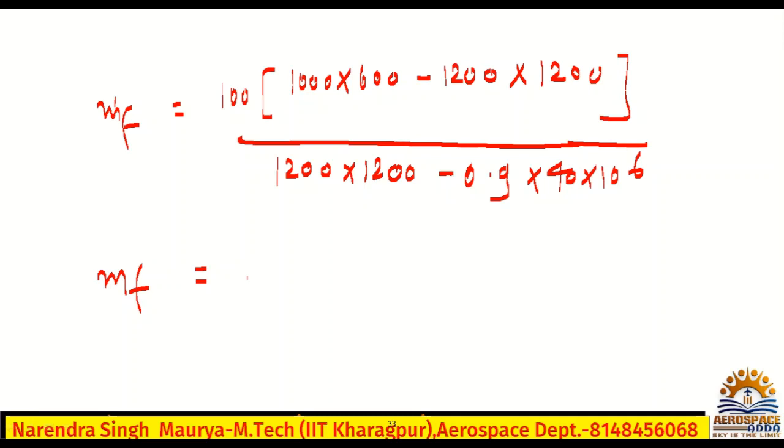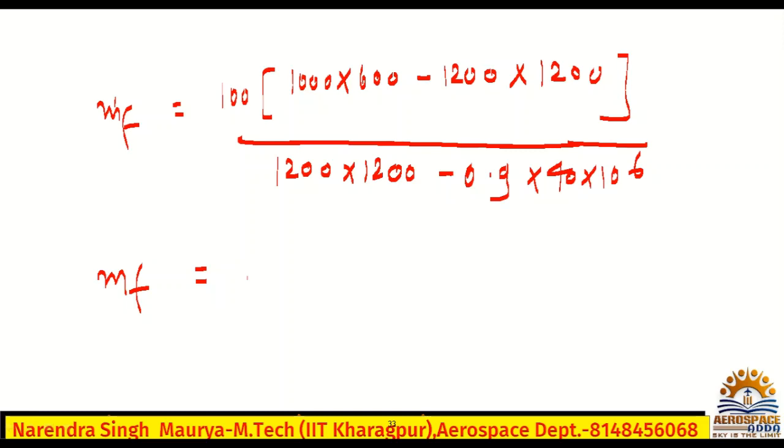I will write in one bracket 1000 into 600 minus 1200 into 1200, bracket close, divided by another bracket 1200 into 1200 minus 0.9 into 40 into 10 to the power 6.